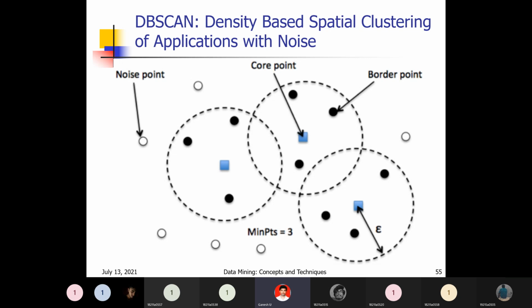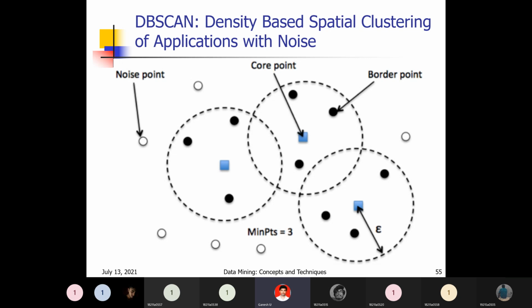Here, we consider the minimum points as 3. That's why within the epsilon radius 3 objects should be there. Then only we can say that is a core point.